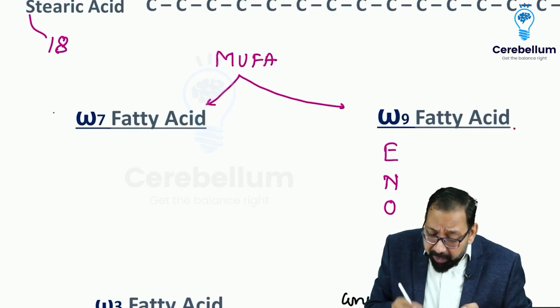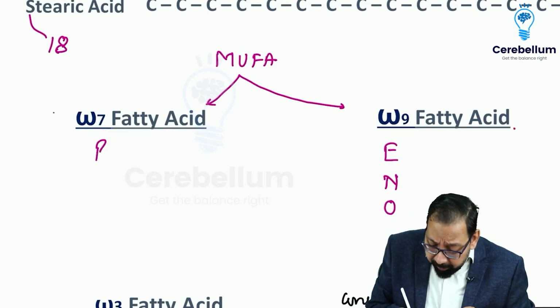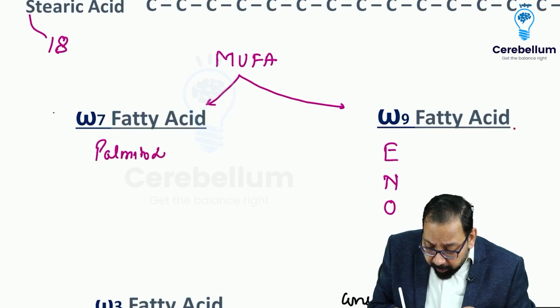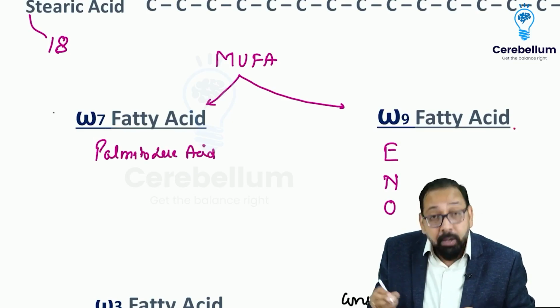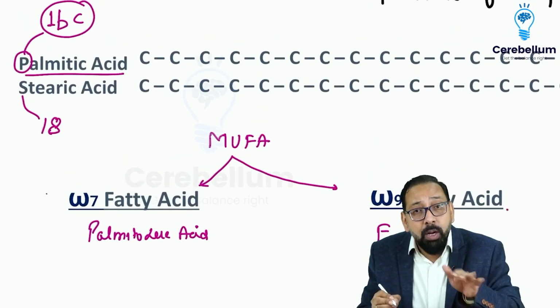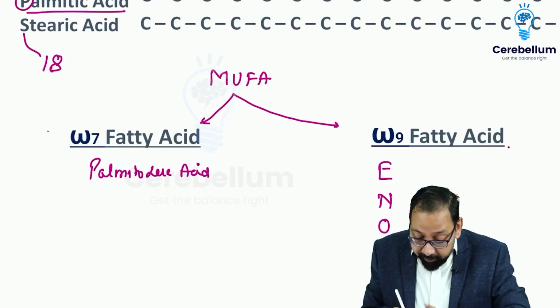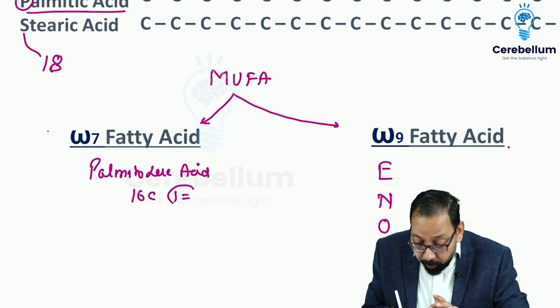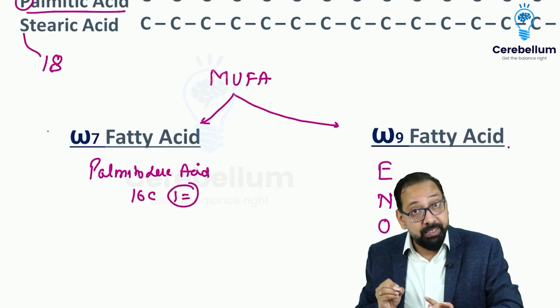Examples are asked. Omega-7 fatty acid, example is palmitoleic acid. Palmitic acid has 16 carbon, no double bond. Palmitoleic acid has 16 carbon and one double bond, MUFA, monounsaturated fatty acid.